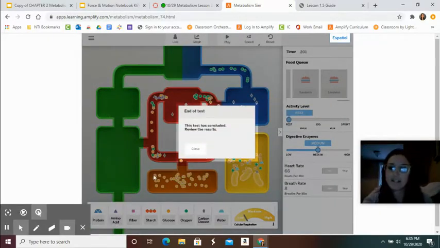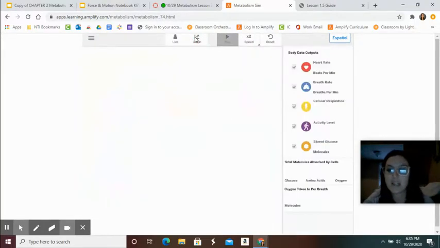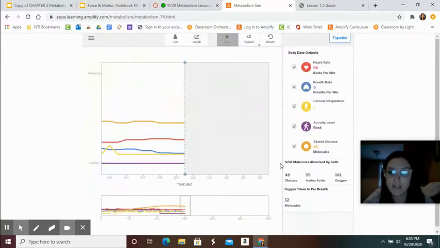All right, so this is the first test of asthma that is already completed. And going to my results, I see that I have interesting numbers. So I have 48 glucose, 55 amino acid, and 161 oxygen.